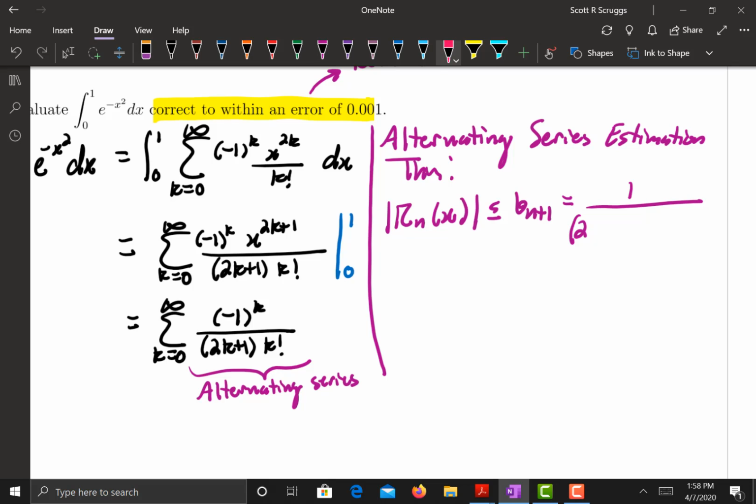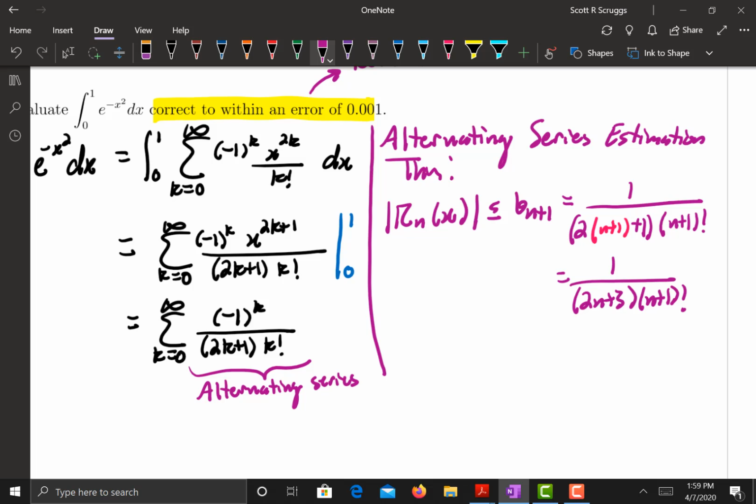And because I'm plugging in n plus 1 wherever I saw a k originally, and now n plus 1 factorial. But I distribute the 2, I'll get 2n plus 2 plus a 1. I'll get 2n plus 3. So 2n plus 3, n plus 1 factorial.